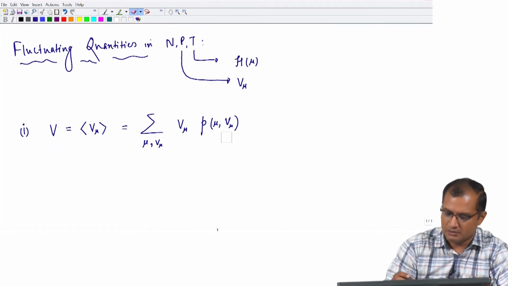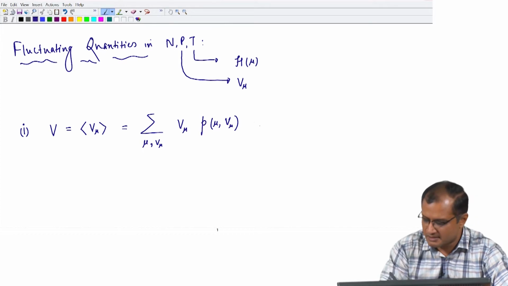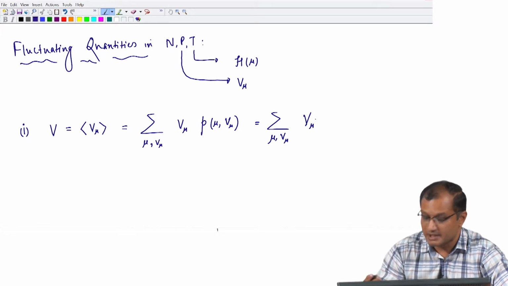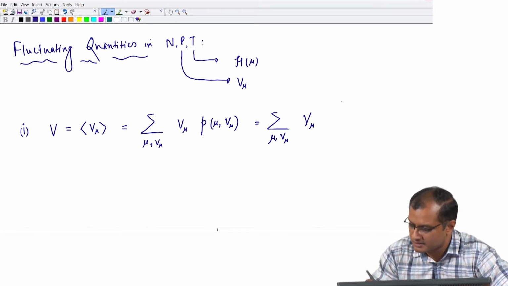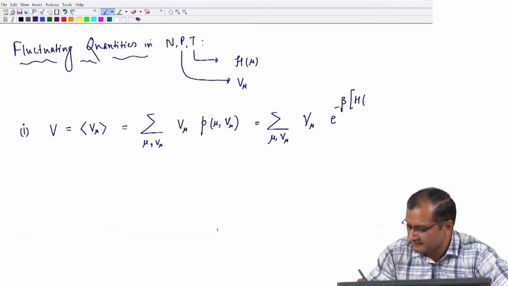Fine. So, let us proceed with this calculation. This is nothing but summation over all the microstates, the volume of the microstate, and your probability density function, which is e to the power minus beta, and the energy scale, which is enthalpy, instantaneous enthalpy.